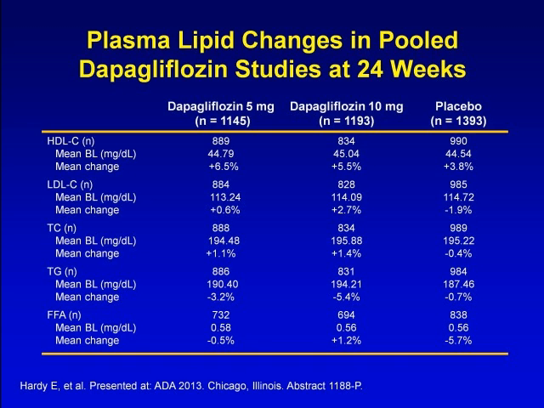Now, maybe perhaps to counter that is a change in lipids that gives you mixed results, and that has been seen again with several drugs in this class. The next slide shows plasma lipid changes in data from a number of dapagliflozin studies.